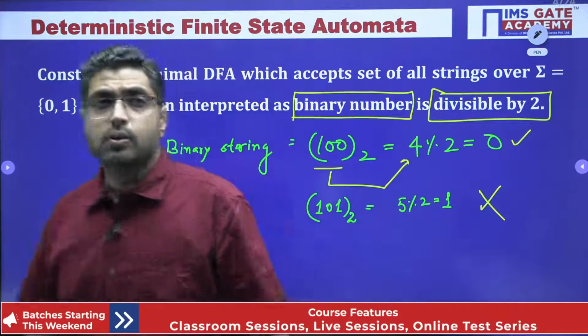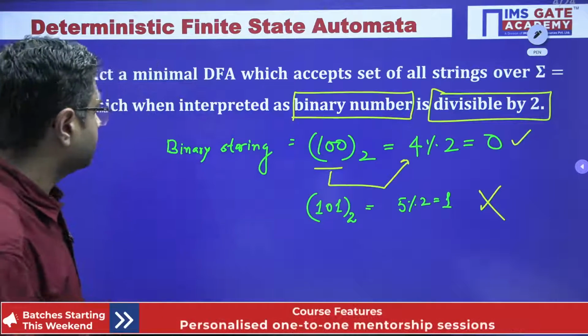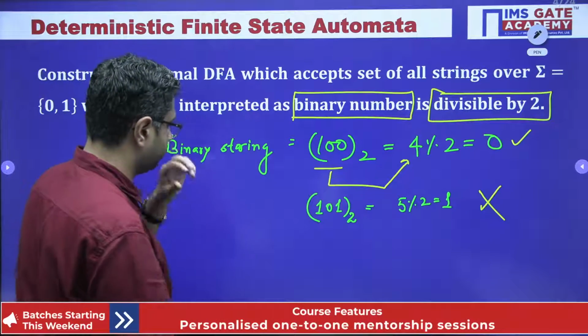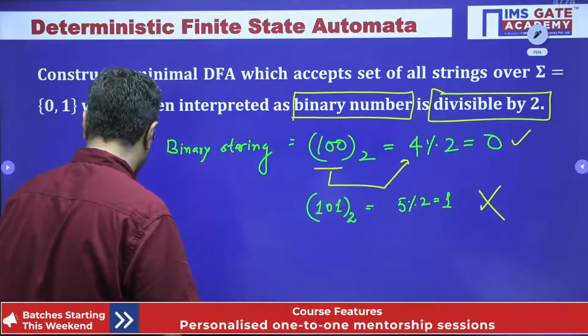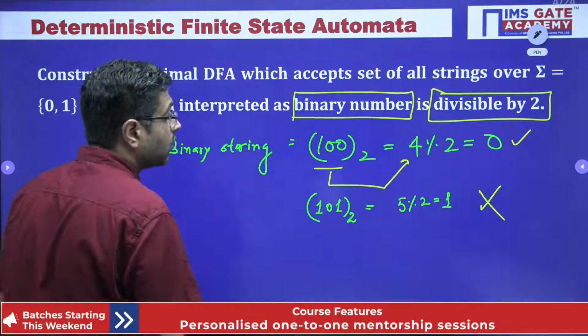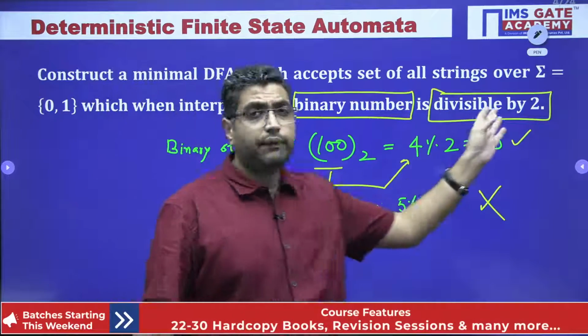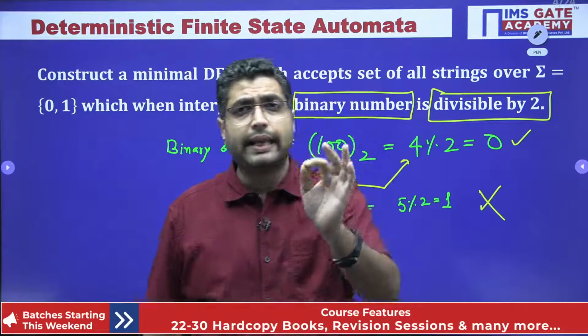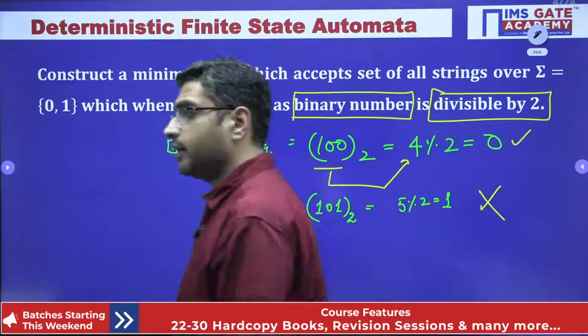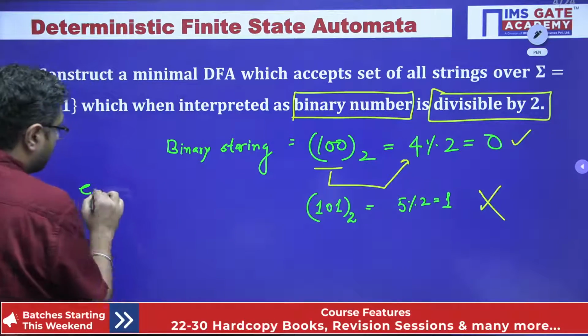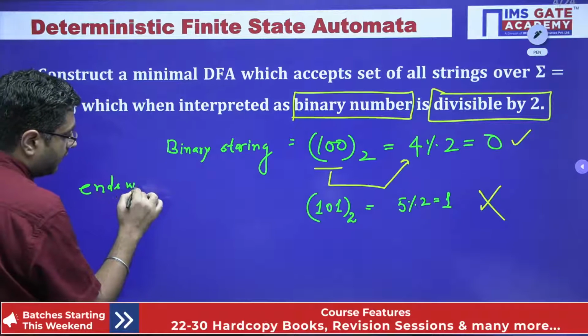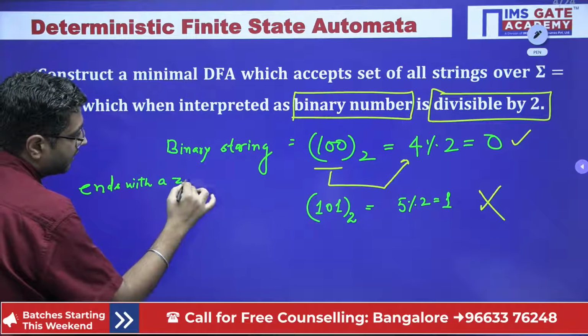Let me give you a hint here. Let us discuss a brief theory. What we understand is, if you take any binary number and it ends with a 0, then it is divisible by 2.